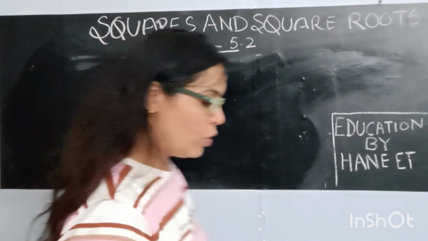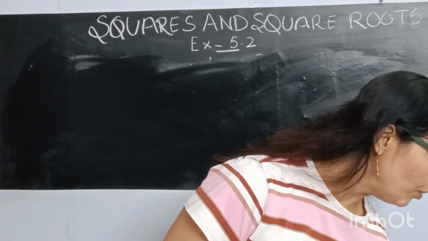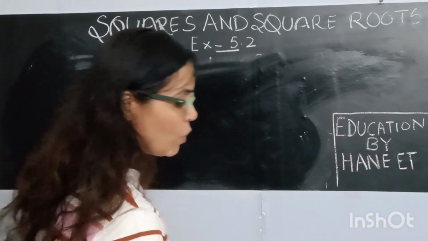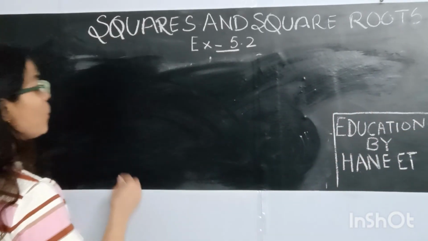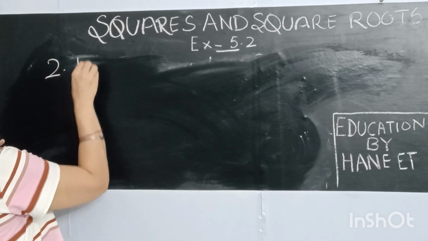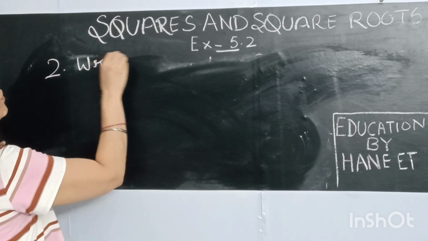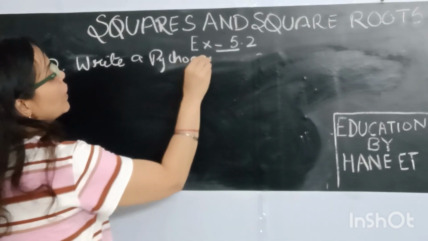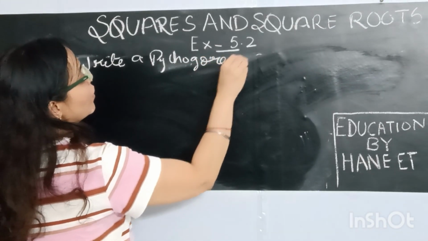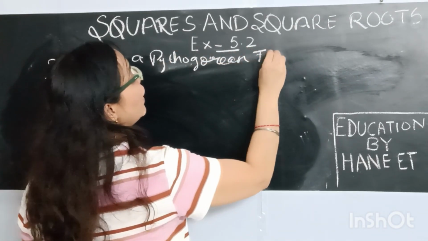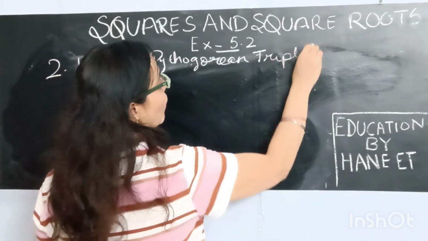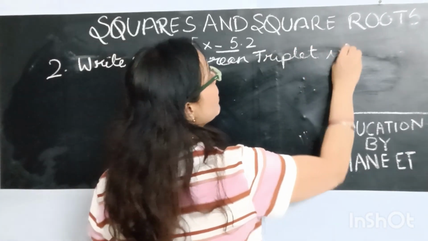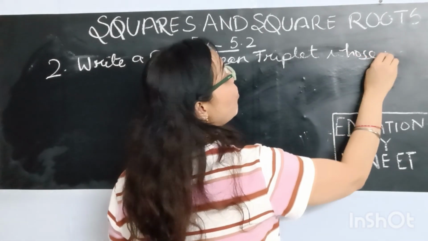Now the second question says, write a Pythagorean triplet whose one member is given, okay.